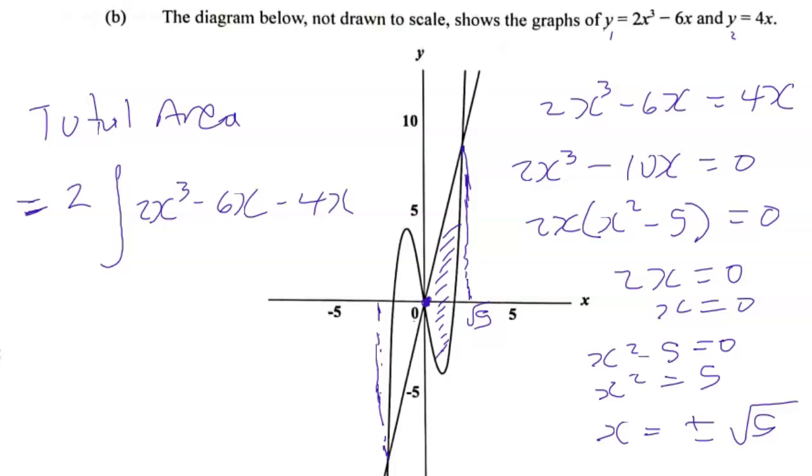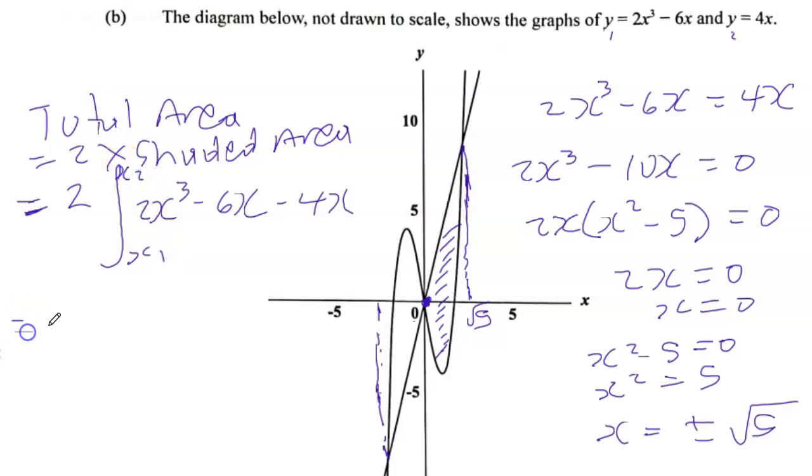Alright, so since they are equal, the total area is equal to 2 times the shaded area, since the shaded area is the same as the non-shaded area. Now, the shaded area, we're using the x limit. I'll put here x1, x2 for the limits.